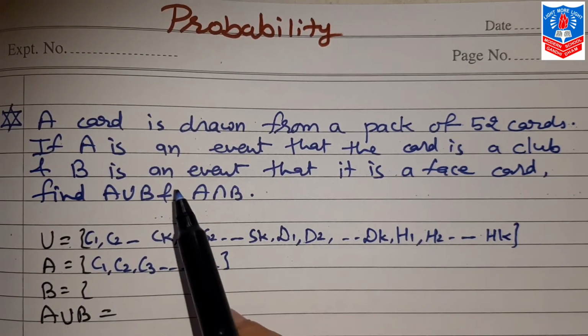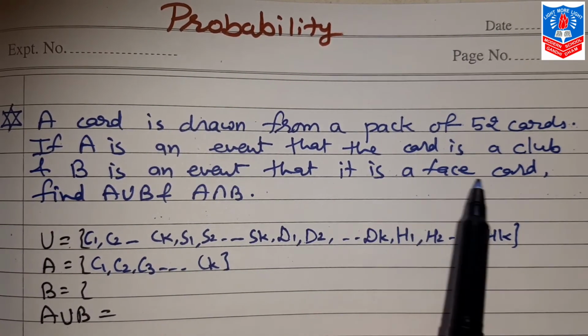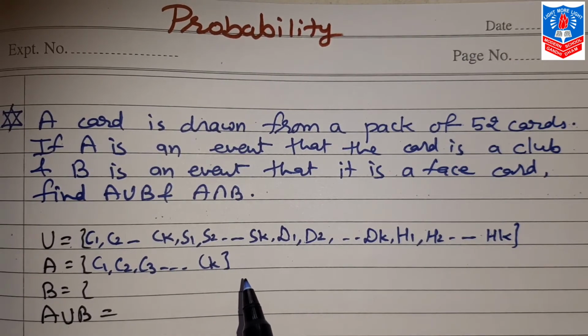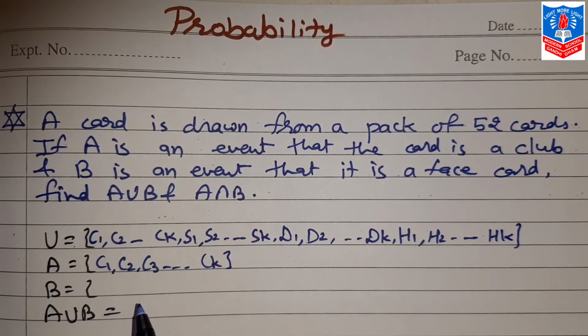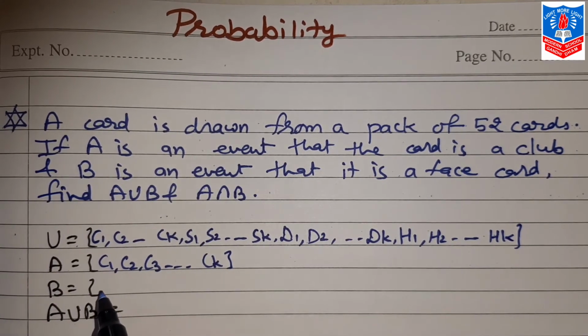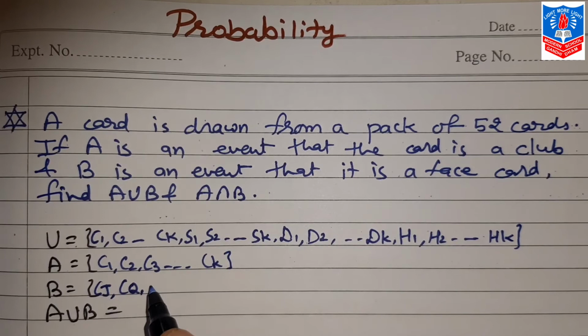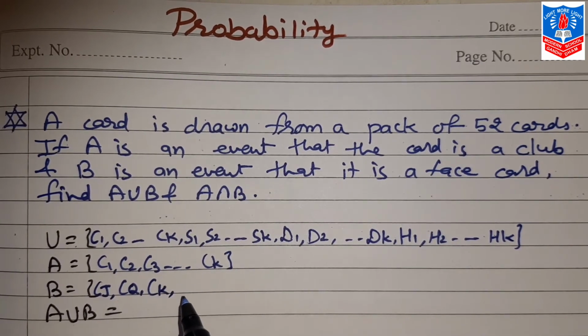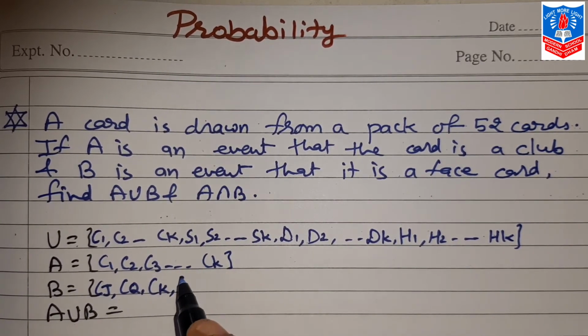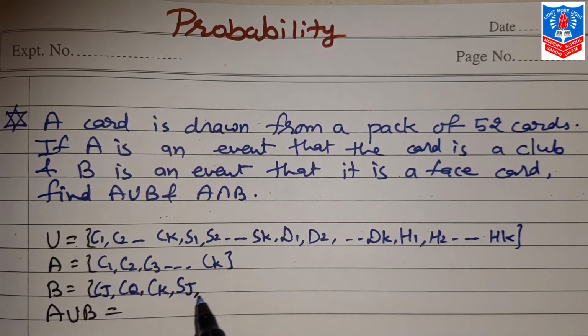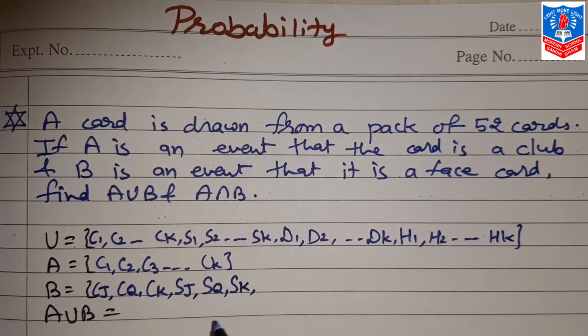B is what? B is an event that it is a face card. Now how many total face cards? Just now we discussed total 12. All these 12 face cards we write here. We start with club Jack, club Queen and club King. Same way of spade, Jack, spade Queen and spade King.